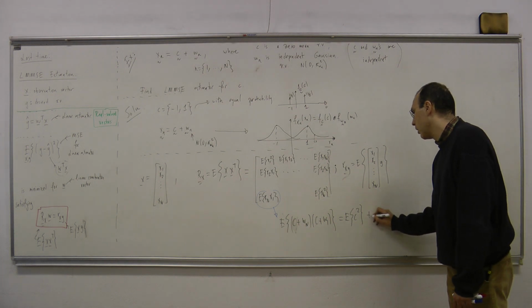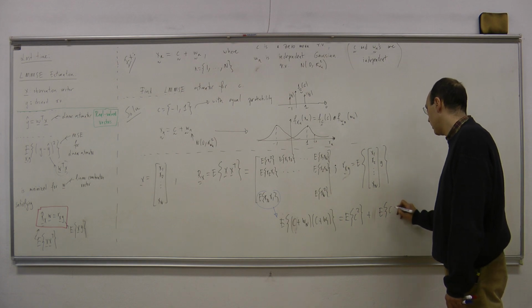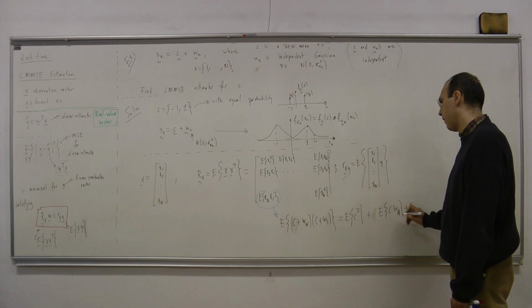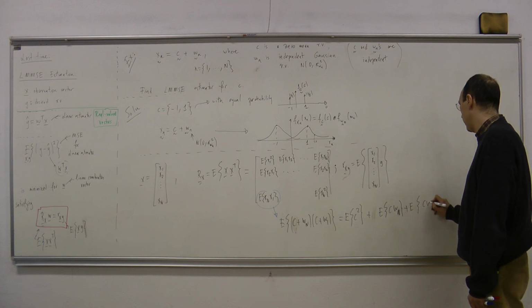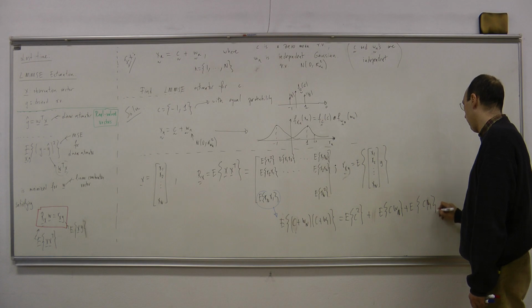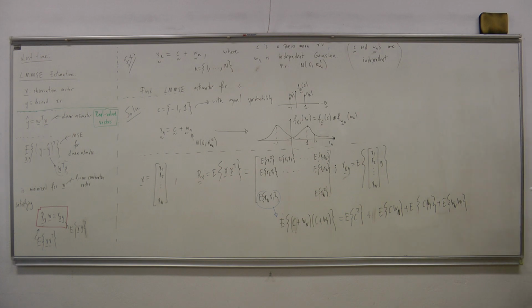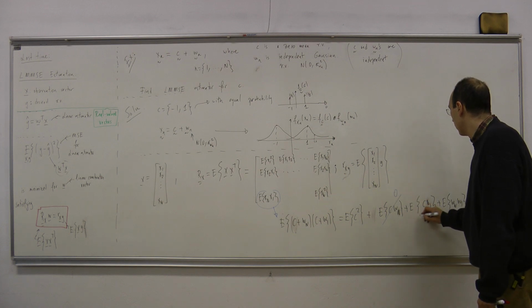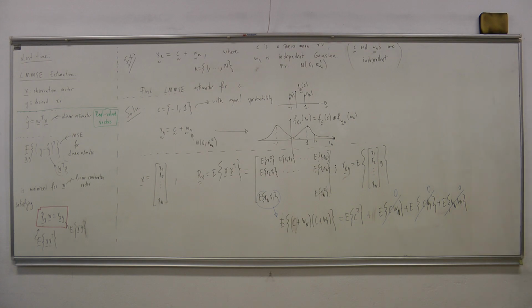So what are the other terms? The other terms are expected value of c times w1, c times wn, plus c times w1, plus wn w1. We have said that these are uncorrelated random variables, or if they are independent, that implies uncorrelatedness.